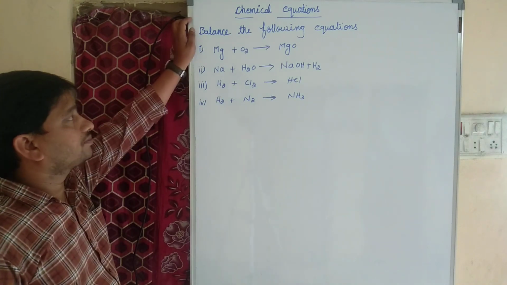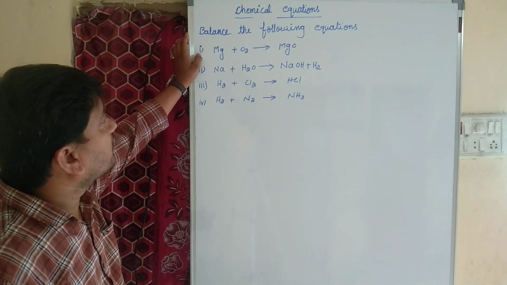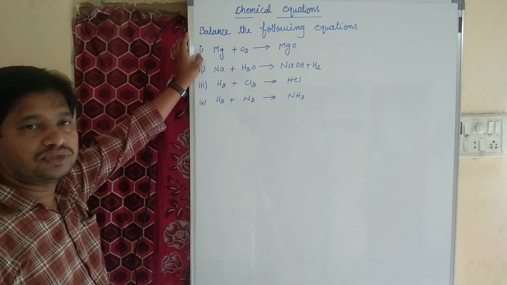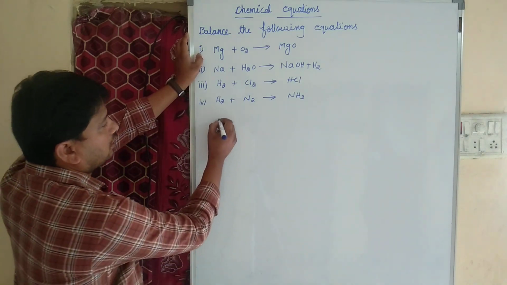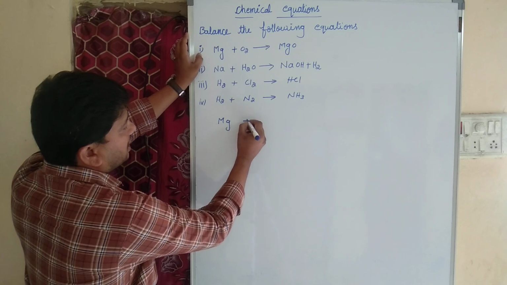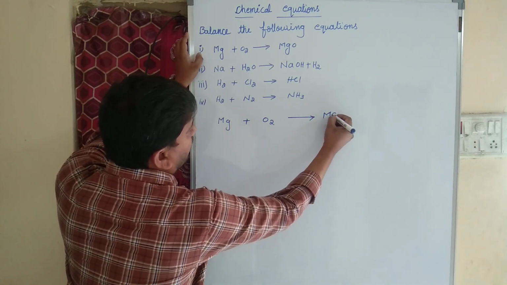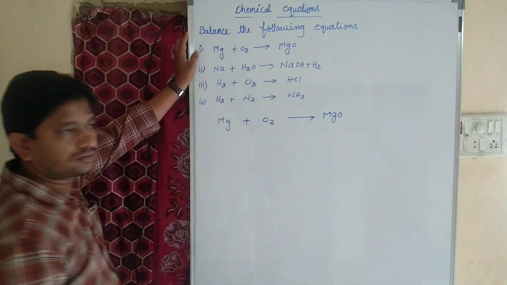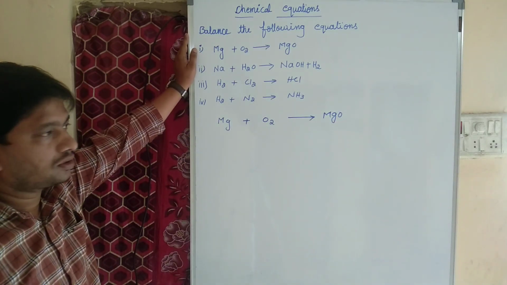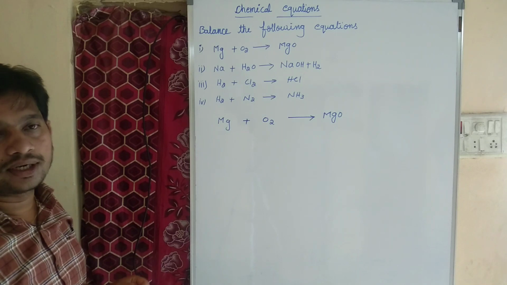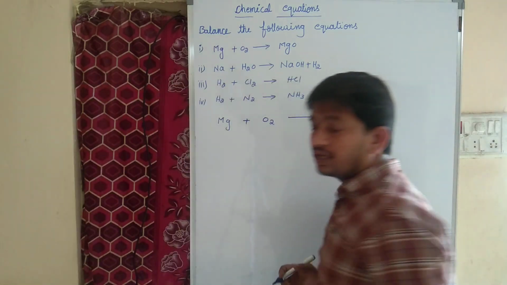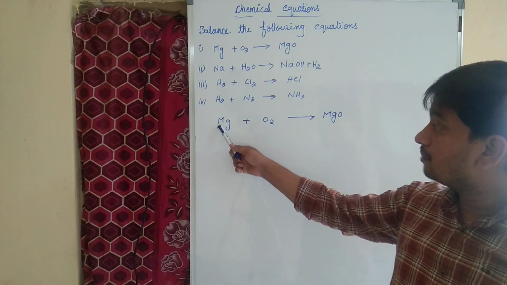So for example, the first equation is Mg plus O2 gives rise to MgO. So let me explain very clearly what you mean by Mg.